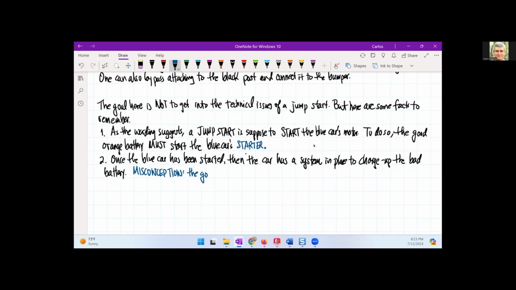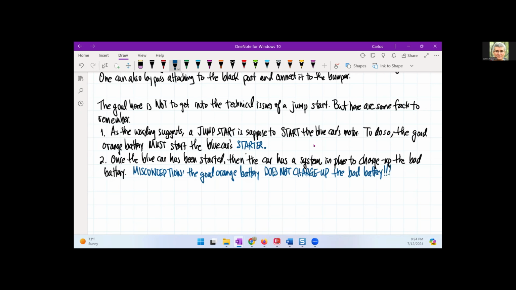The good orange battery does not charge up the bad battery.